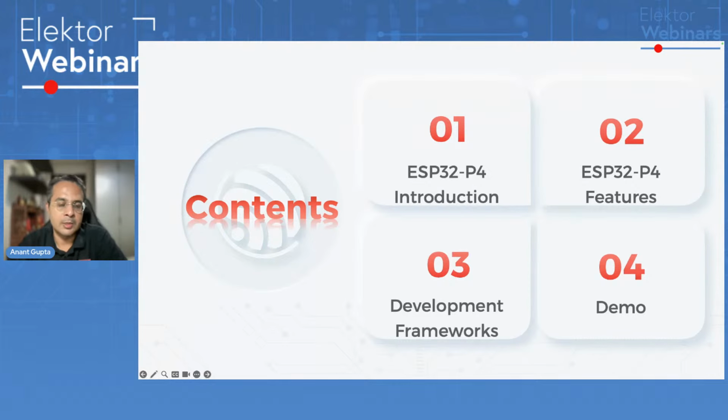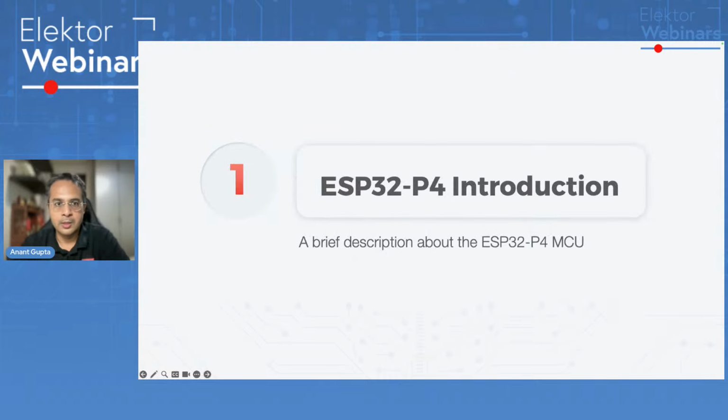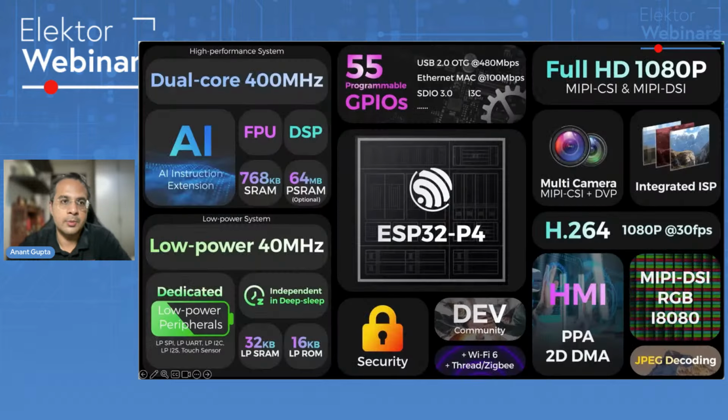Then we will talk about the development frameworks which we have. And then if time permits, we will have a very short demo video to showcase one of the AI capabilities which we have extracted in one of the demos for P4.